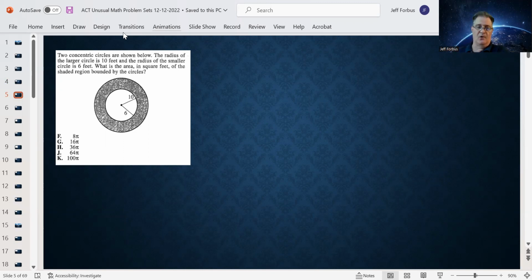Well, just by the drawing, we know that the larger circle has a radius of 10. The smaller circle has a radius of 6. Okay. And we're talking about area. So the area of a circle. Area of the small circle is going to be equal to pi r squared. Area of the large circle is going to be equal to pi r squared.